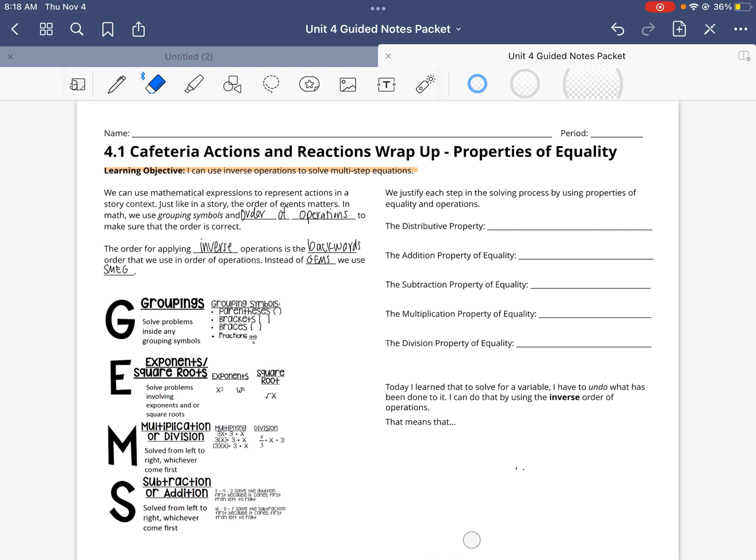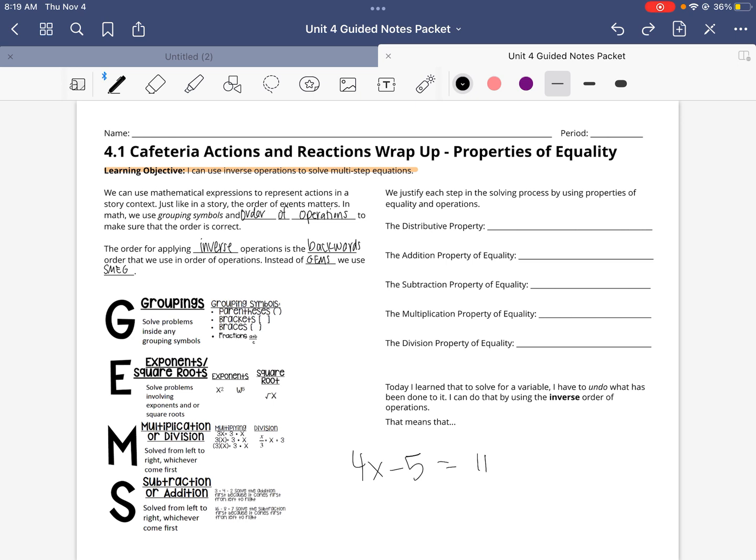But when we're solving for a variable, we actually do it in the reverse order. Okay, so if you had 4x minus 5 equals 10, let's actually say 11. So first we would normally do multiplication before subtraction or addition, but we can't do that when we're undoing.